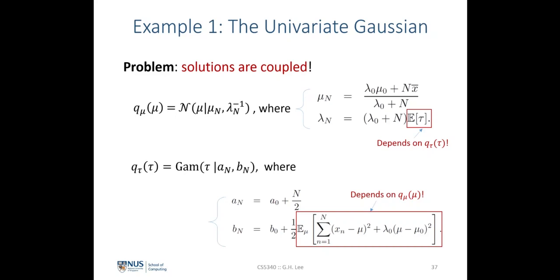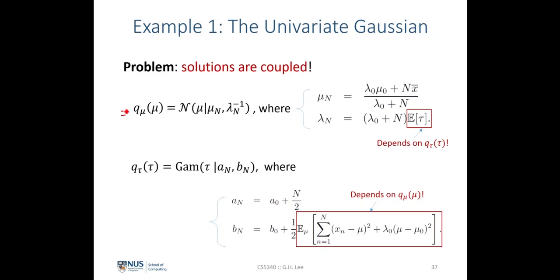Now, for those who are sharp enough, by now you should have noticed that there is a problem in the solution that we have derived earlier: the solutions for q mu and q tau are actually coupled together. This means that there is no closed form solution for this proposal distribution of q mu and q tau.